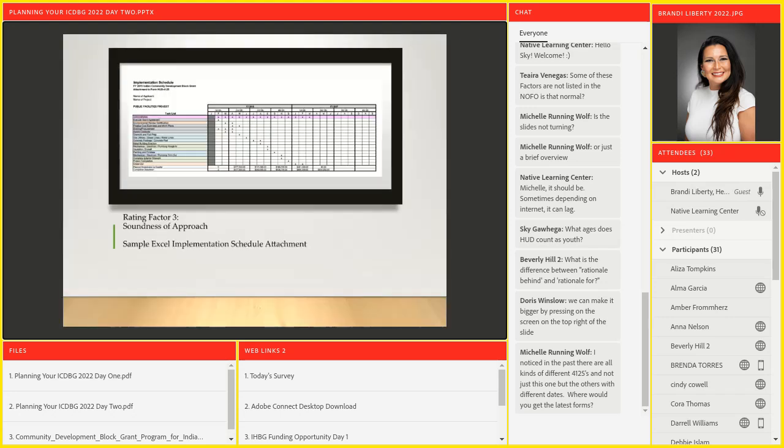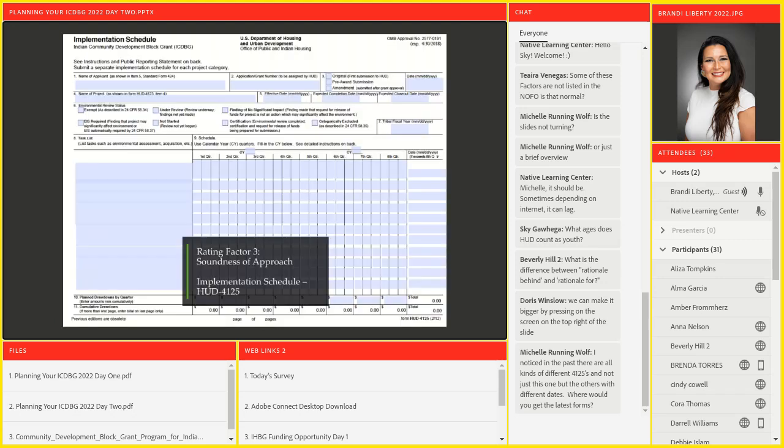And then this is just another example of that Excel sheet implementation schedule attachment that I've worked with in the past too, because there you can actually see all of the fiscal years laid out over a 5-year period, versus 2 years on the previous one and then 2 years on another one and so forth.